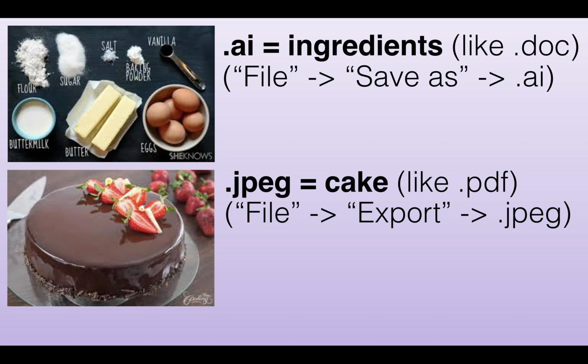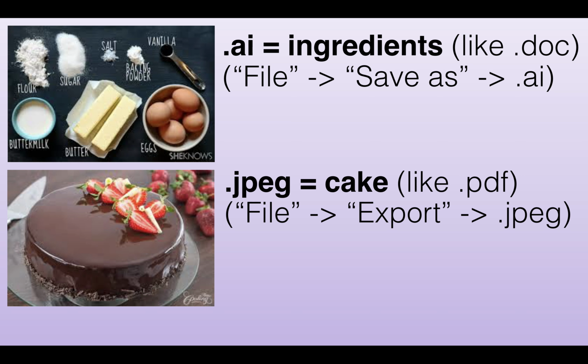Eventually, after you make whatever you want to make in terms of your exploration, please save your Adobe Illustrator work in two different file formats. I would suggest .ai, which is Adobe Illustrator, and .jpeg. If I could use a metaphor, let's pretend we're baking.